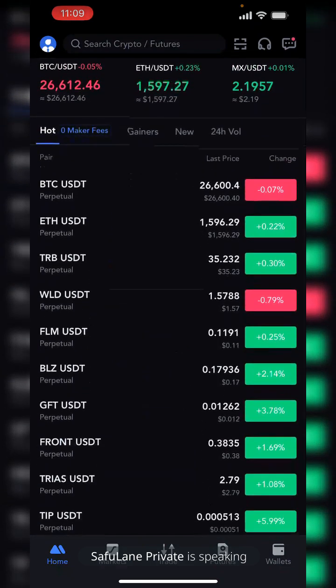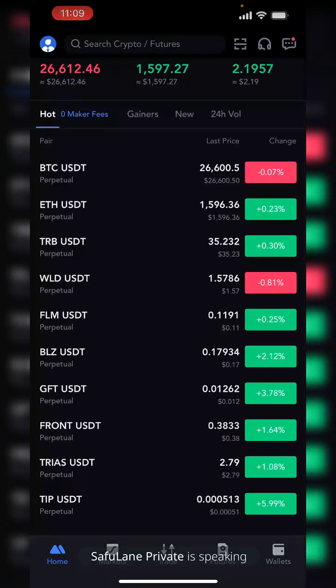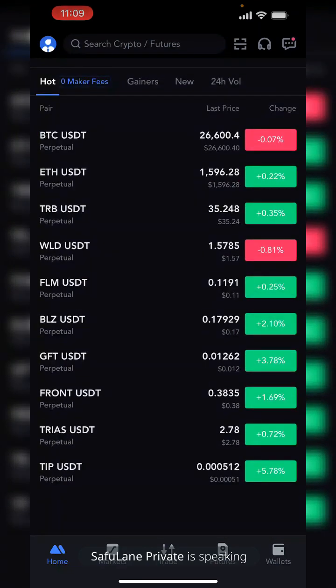But it's fine. These are trading pairs, and people talk about spot trading and futures trading. When we are talking about spot trading, you don't need anything like margin or leverage.